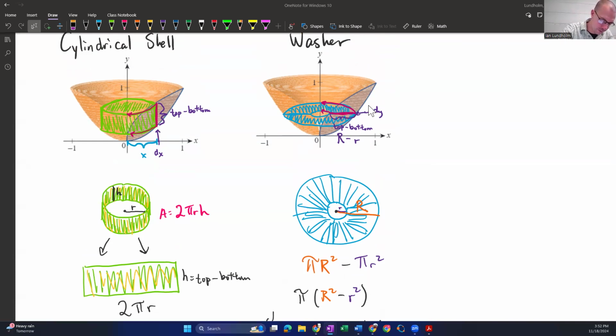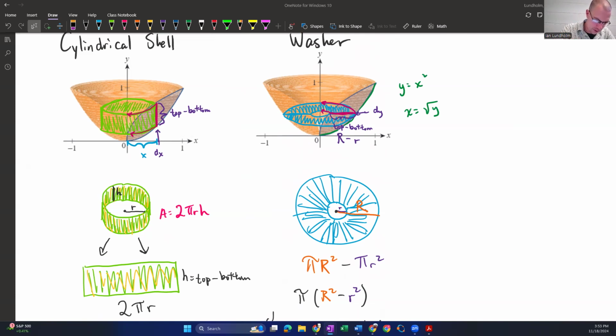So let's pick a color that I haven't used. Let's go green. So yeah, this function, formerly known as y equals x squared. If we solve this for x, this is x equals the square root of y. We're in the positive part of this, so that's all good.